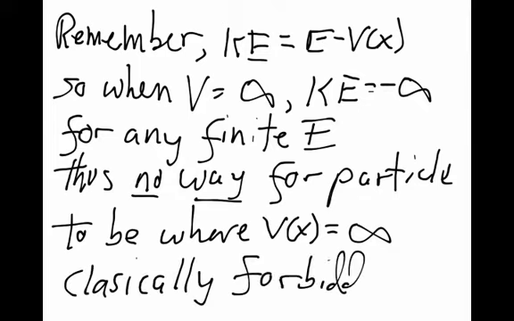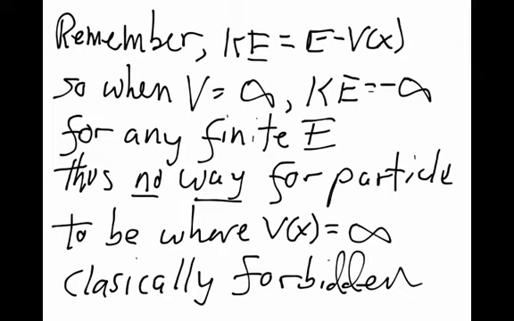That's what we call a classically forbidden region. So this basic kinetic energy is energy minus potential. That's the classic definition of how things should be. And so if the potential is positive infinity, in classical physics, no way, no how can the object be there. And in general, any place where the kinetic energy is less than 0 is a place where classically an object is forbidden to be.